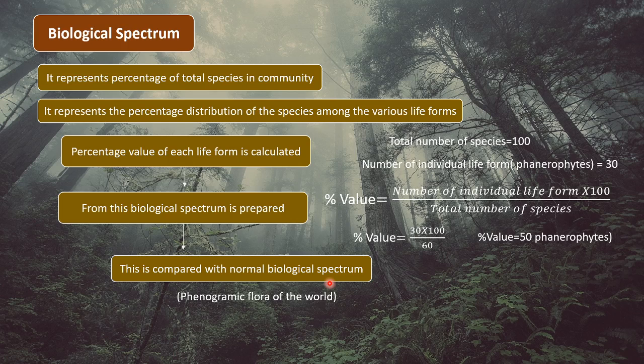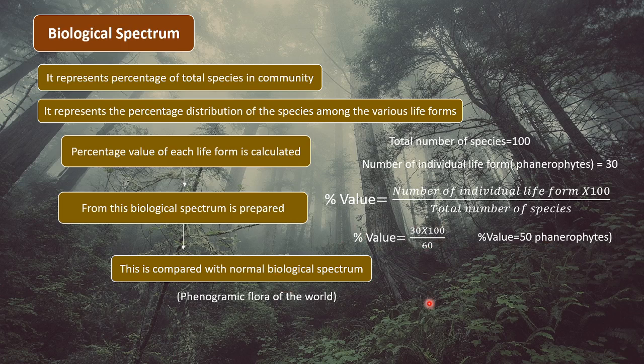We are going to understand this in the next slide, that what is the normal biological spectrum given by Raunkiaer, right? That is also called the physiognomic flora of the world. So whatever biological spectrum we prepare of that area, it has to be compared with the normal biological spectrum. But this can only be done when you have calculated the percentage value of each life form, right?